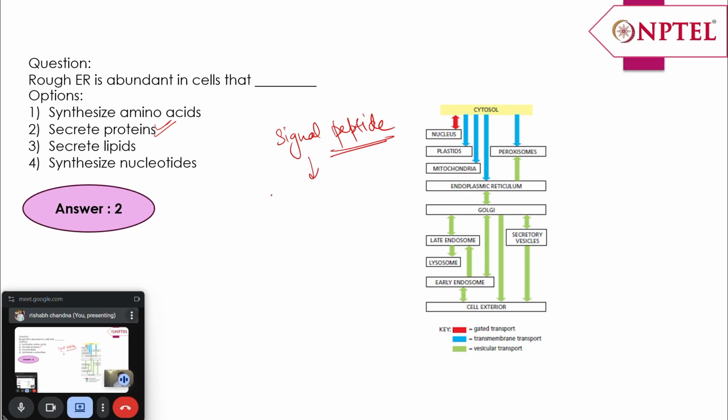If a protein, for example, is destined to the nucleus, there will be a signal needed to direct this protein to that nucleus. So what happens is there is a short sequence of amino acids present towards the end terminal of the protein.